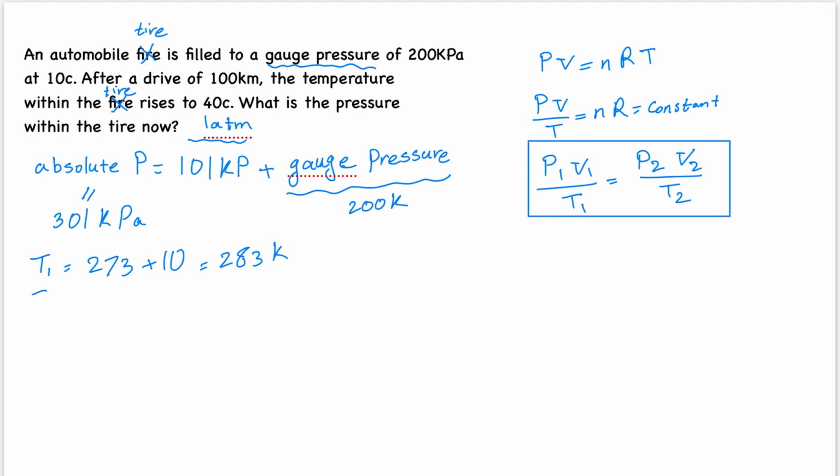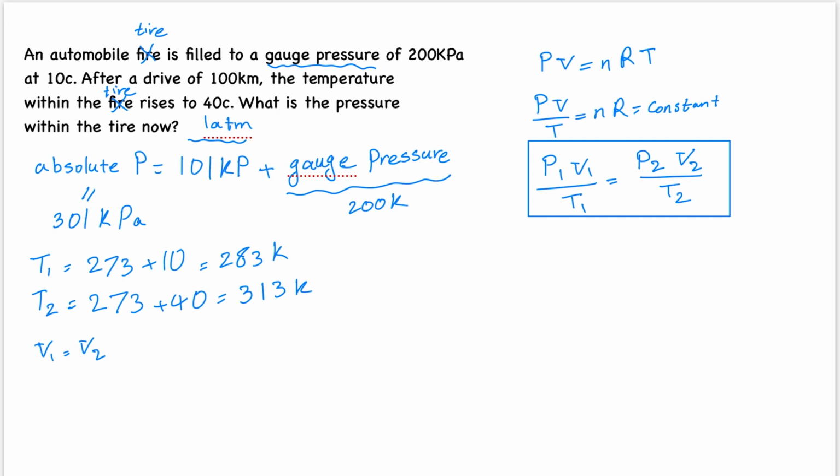And T2, after going 100 kilometers, rises to 40 Celsius, so it will be 273 plus 40, which is 313 Kelvin. Okay. The volume will not change. So V1 equals V2. This is the same tire, so the volume will not be changed.